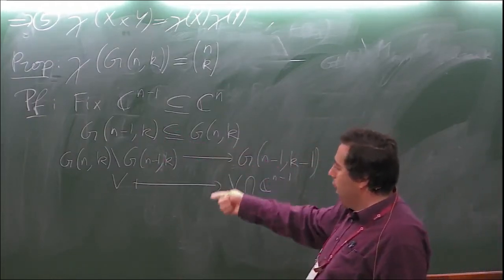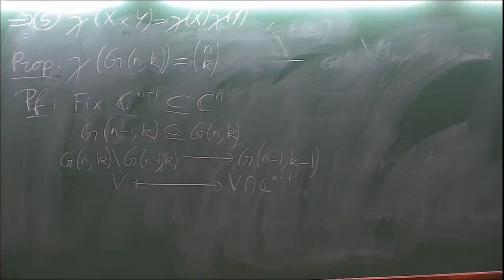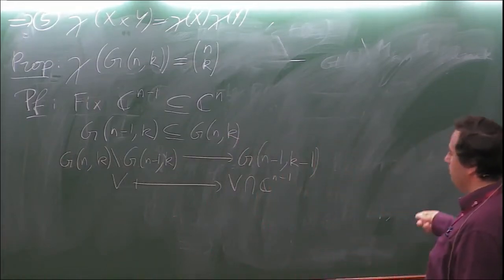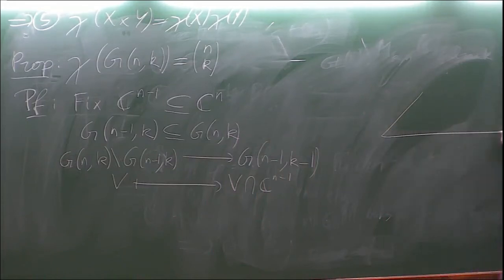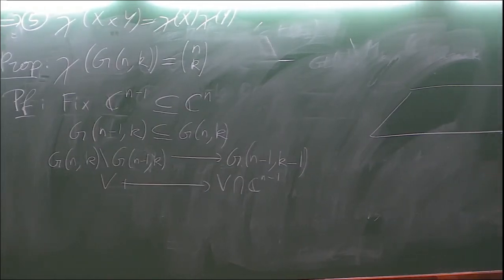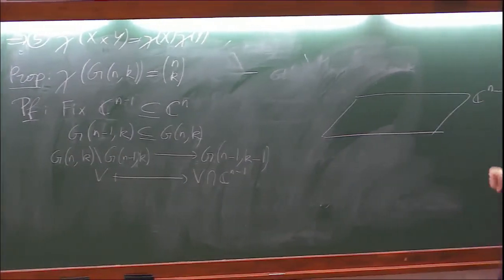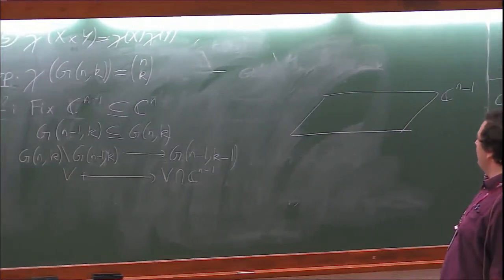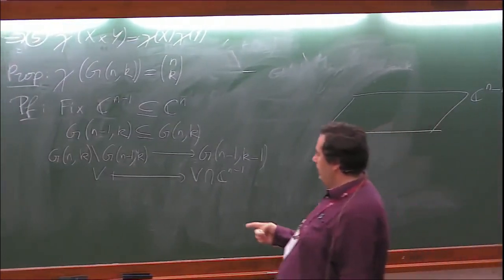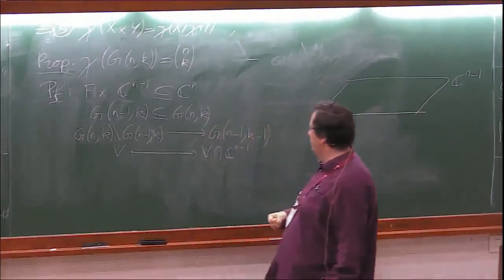So now I want to understand the fiber of this thing in order to apply property 4. What is the fiber of that? I will draw some picture, which I'm very bad at, but we will try at least. So I have C^n, which is here. No, this is C^{n-1}, sorry. C^n is everything. It's a 3-dimensional space, and C^{n-1} is a 2-dimensional space. Now I map V to its intersection with here.